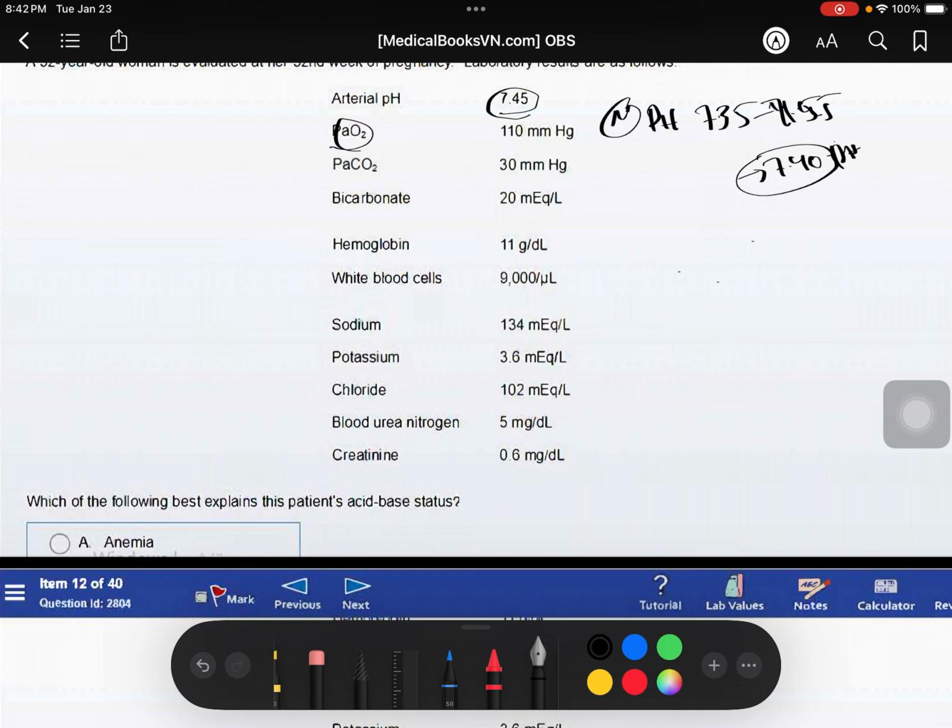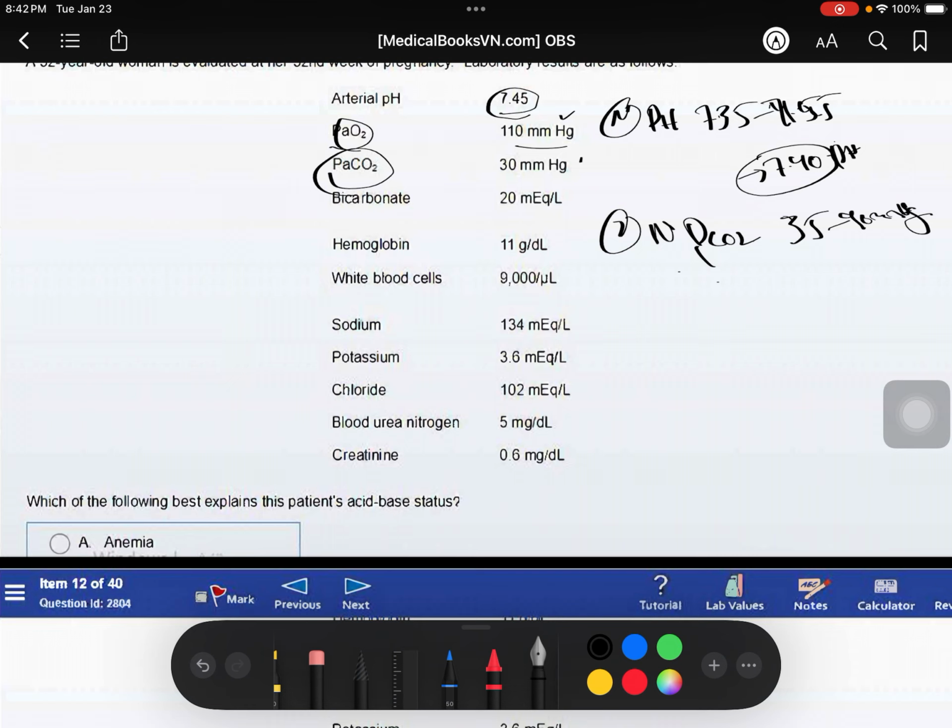Then we can see the partial pressure of oxygen, 110 mm of Hg. This is also normal. The normal partial pressure of carbon dioxide is 35 to 40 mm of Hg.